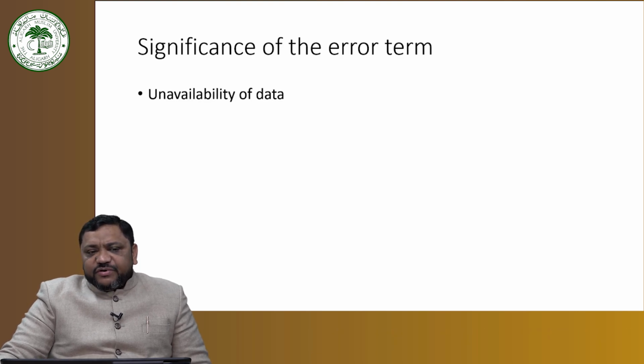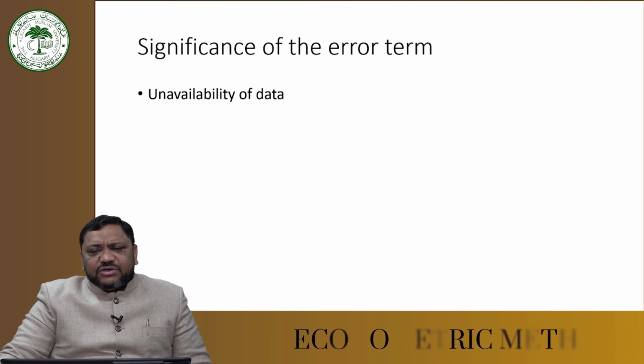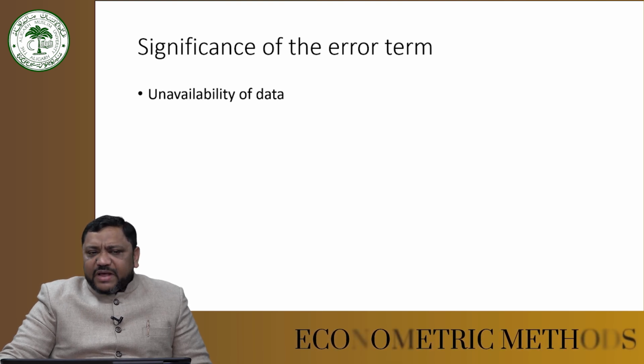The first case we will discuss is the unavailability of data. Even if we are aware of some of the excluded variables and opt for multiple regression instead of a simple regression, we may lack quantitative data on these variables. Empirical analysis often involves the challenge that the desired data may not be accessible.